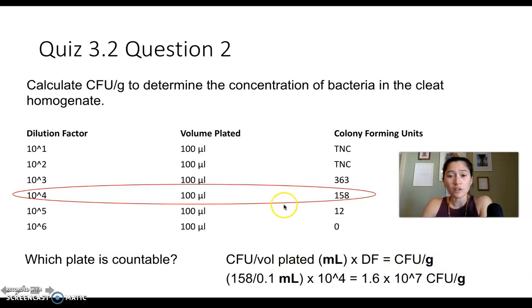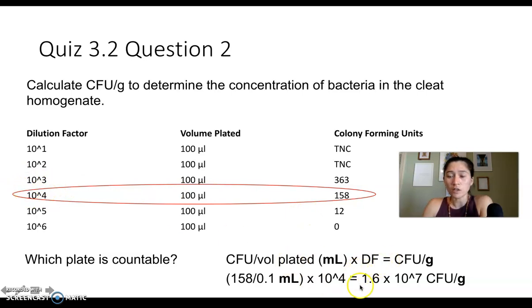So when we do that with this particular question, we have 158 colony forming units. Remember, I said this was given to us in microliters, so we need to convert that to milliliters for use in this particular equation. 100 microliters is equivalent to 0.1 mils. So we get that number, and then multiply that by the dilution factor, which is 10⁴.